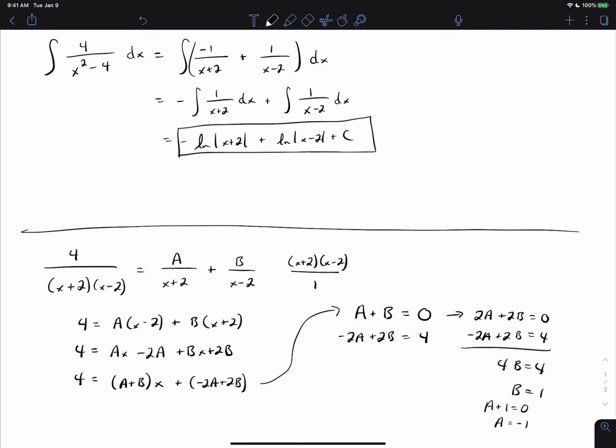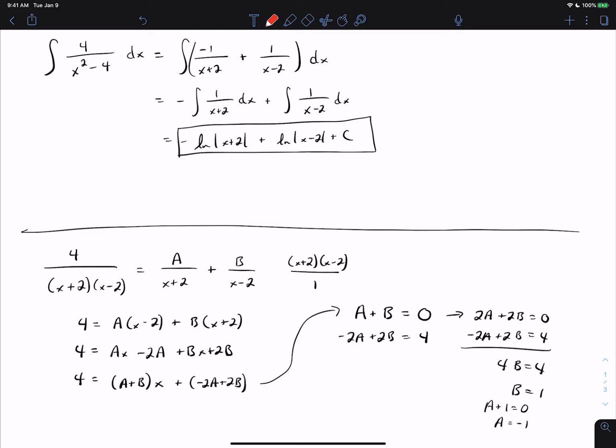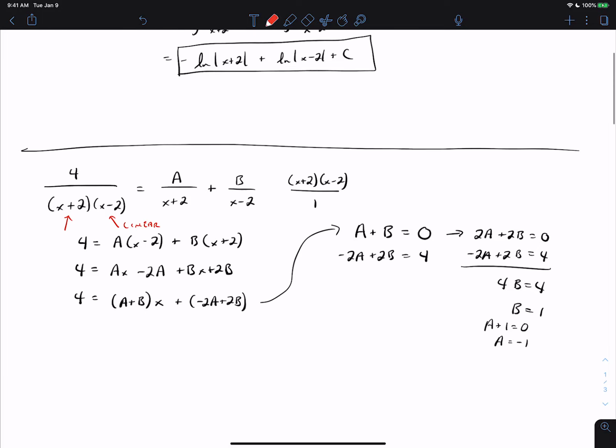In this video, I want to look at more cases as to what can happen in the denominator. Here, we call these linear factors. Linear means a polynomial of degree 1, which means the highest power of x is 1.